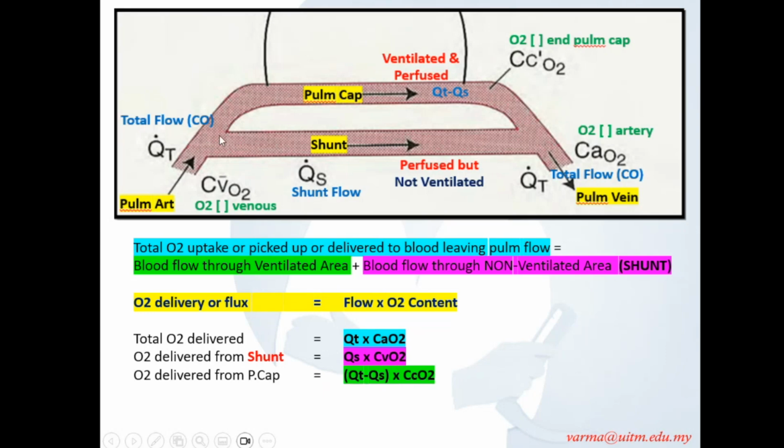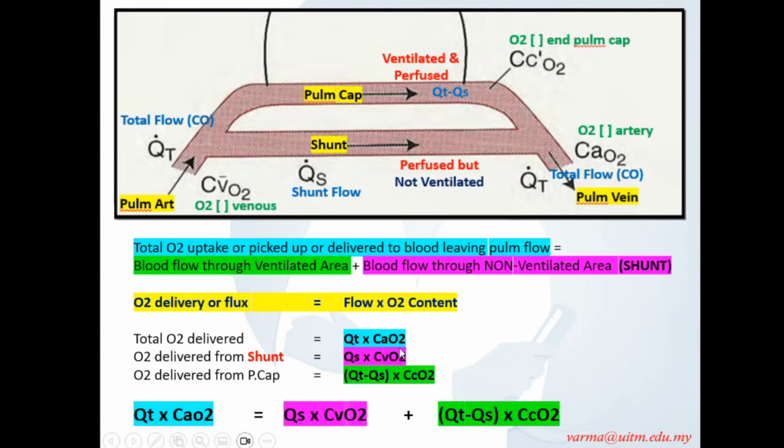And for blood that passes through the pulmonary capillary, the oxygen content will be there: QT, the total flow minus the shunt flow, times the end capillary oxygen content. That will be the oxygen delivered. So this is the total oxygen uptake. How are we going to calculate? This equation brings us to QT times CaO2 equivalent to QS times CbO2, blood flowing through the shunt, plus blood flowing through a ventilated area.